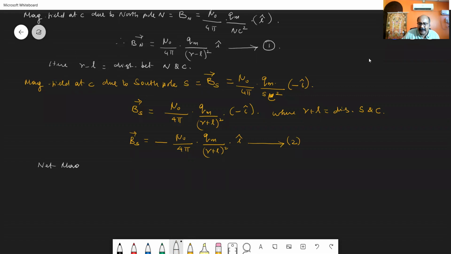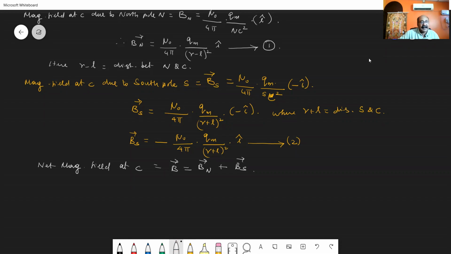So we are going to calculate the net magnetic field at the point C, which we can write as B vector, which is equal to Bn vector plus Bs vector, the vector sum of the two magnetic fields.